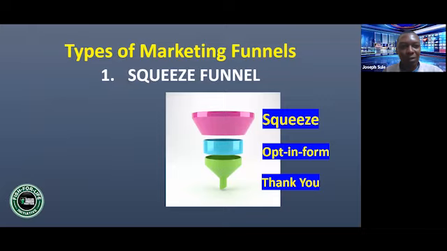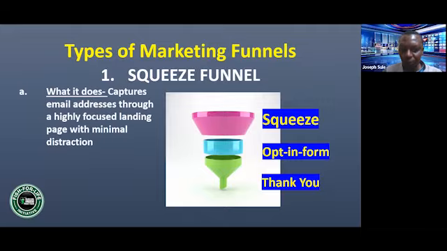So today, I want us to understand that funnels are of different types. And I want us to look at the first funnel, which is the squeeze funnel. What does this funnel do? It helps you capture addresses through a highly focused landing page with minimal distraction. At the top of the funnel, you capture email addresses through a highly focused landing page.